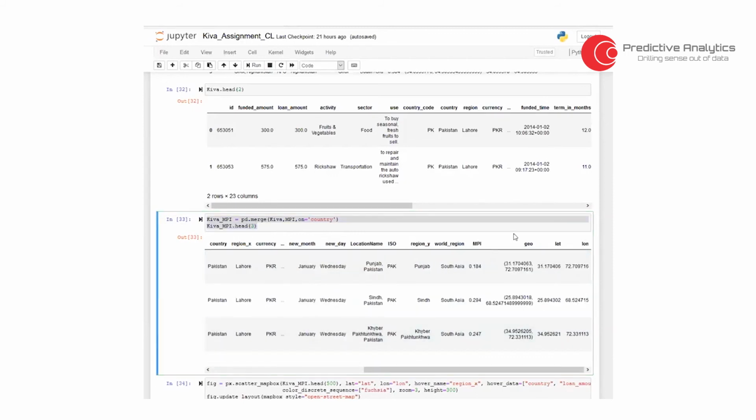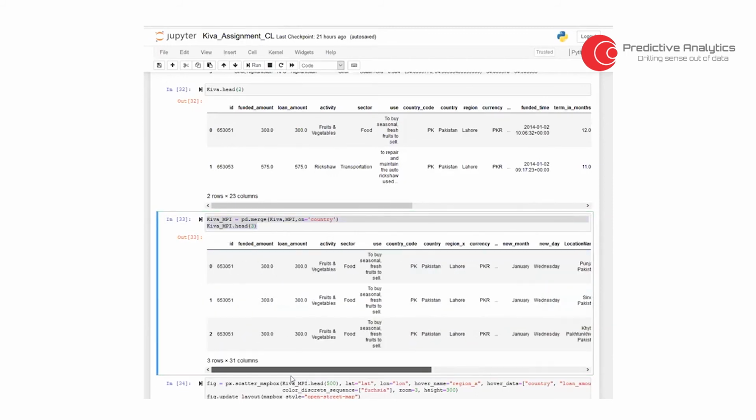Just before you continue, I hope you guys can see the column names. There's ID, funded amount, loan amount, activity sector, use, country code, country, and then there's region X. And when you scroll along, you're likely to find region Y. That has come about because of the pd.merge.